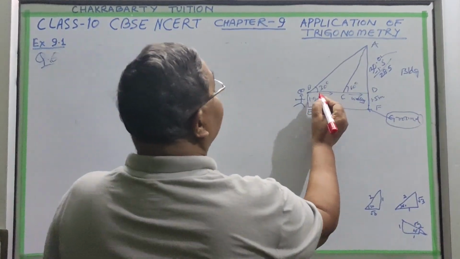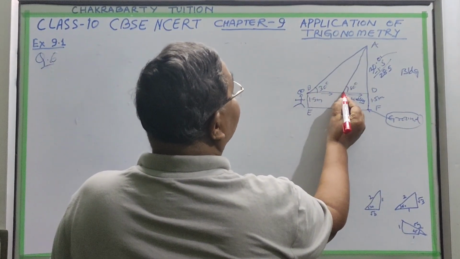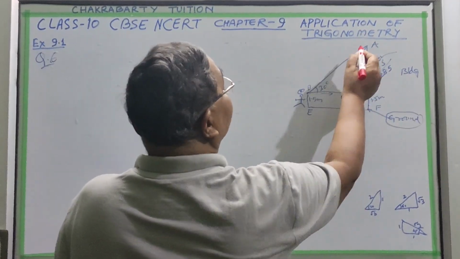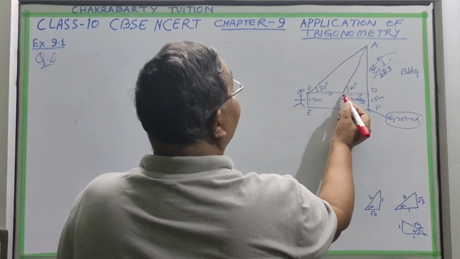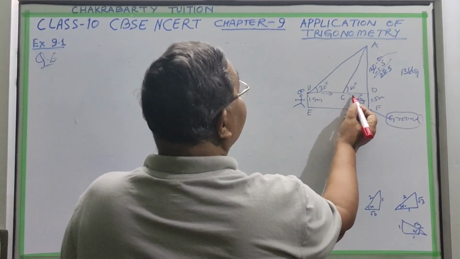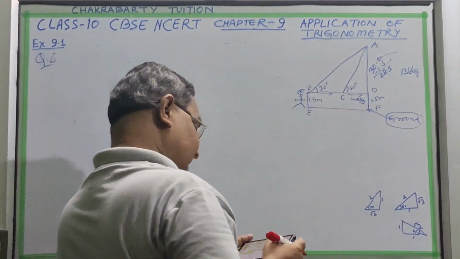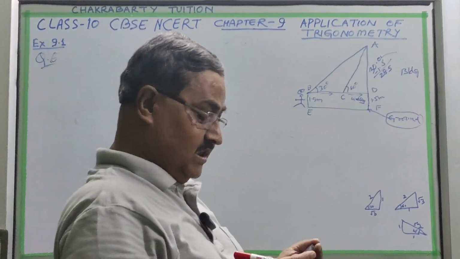Previously he was here, came up to here, and from here if he looks it becomes 60 degrees. Now they want to know the distance he walked towards the building, how much he has walked.